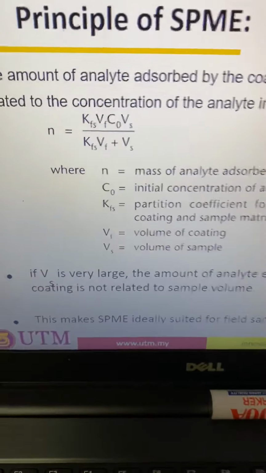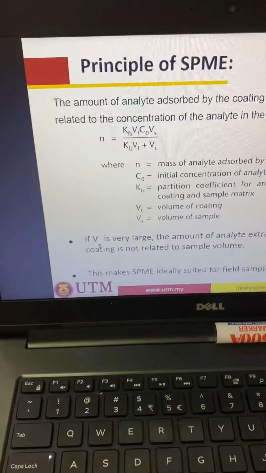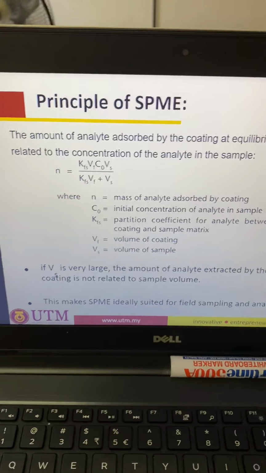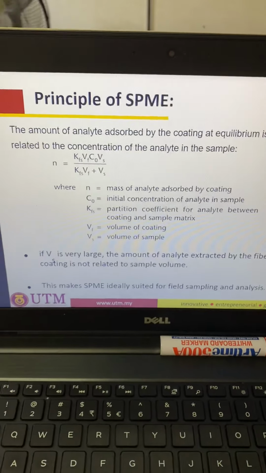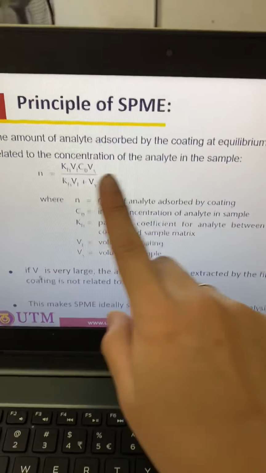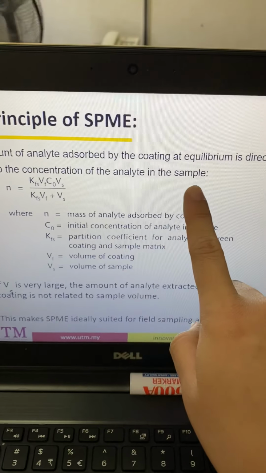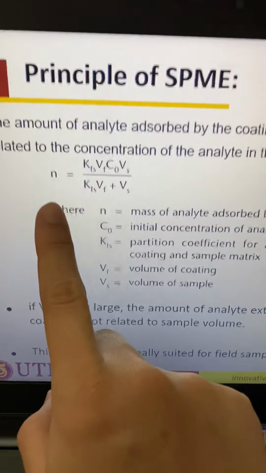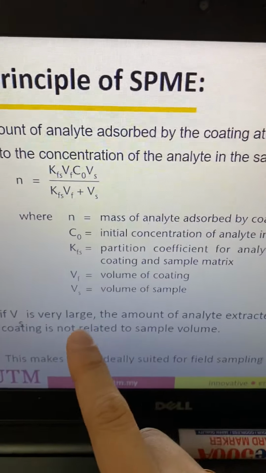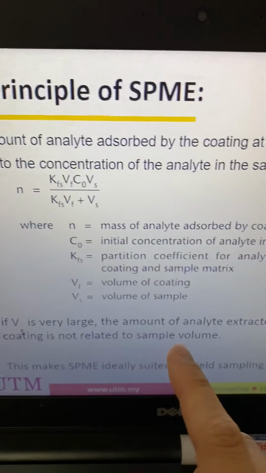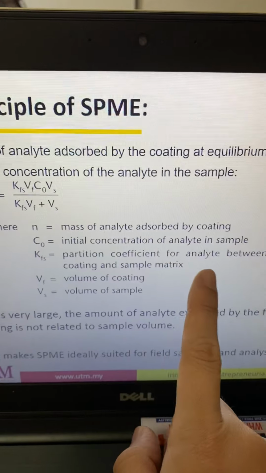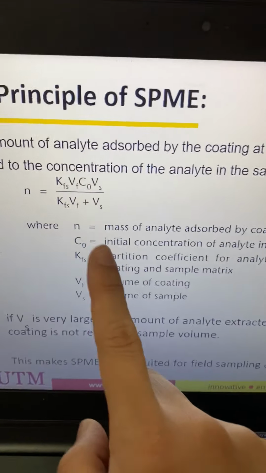And then we start on this, right? So the principle of SPME: the amount of analyte absorbed by the coating at equilibrium is related to the concentration. The keyword is the concentration of the analyte. This is the equation whereby n equals K_fs times V_f times C_0 times V_s, divided by K_fs times V_f plus V_s. What is K_fs? It is the partition coefficient for the analyte between the sample matrix and the coating.